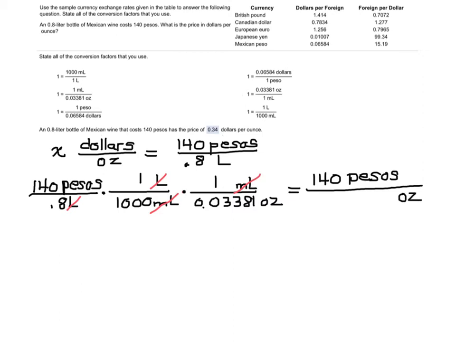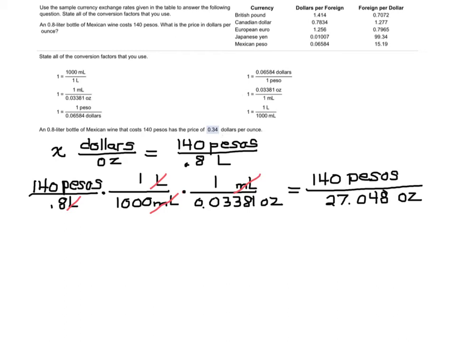I'm going to have to multiply 0.8 times 1,000 times 0.03381. I'm going to do that in my calculator. And I get 27.048.